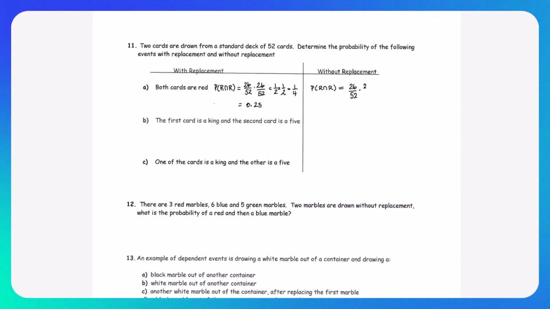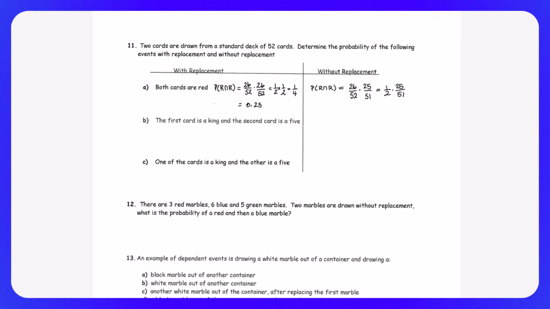And so that means there's now only 25 red cards left in the deck. Now, if we change the top, we've got to change the bottom because we've removed a card. So that bottom is 51 as well. Now, if we want, we can reduce this down to 1/2 times 25 over 51. It's a nice idea to get into the habit of working with the fraction.